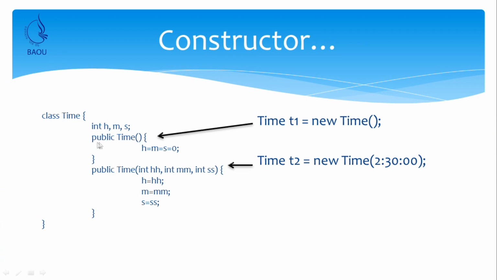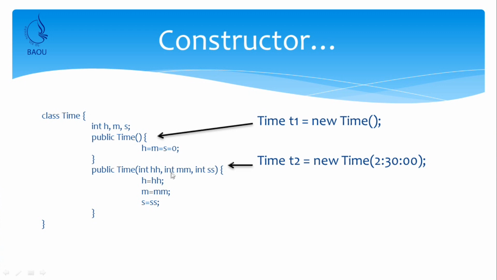So, public is the modifier for this constructor, and Time represents the class name. So, we can say it is a constructor, and it does not take any argument, and it initializes all 3 instance variables to 0. So, whenever I write down Time t1 is equal to new Time with no parameter, this constructor is automatically called, and t1's h, m and s are initialized to 0.